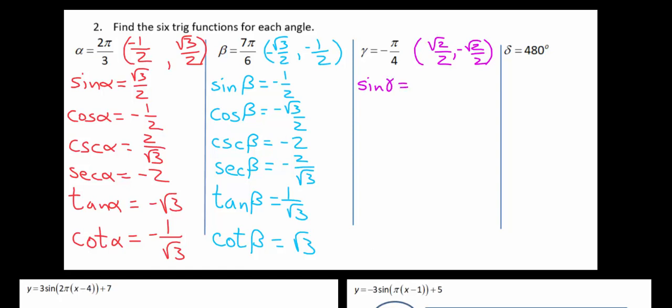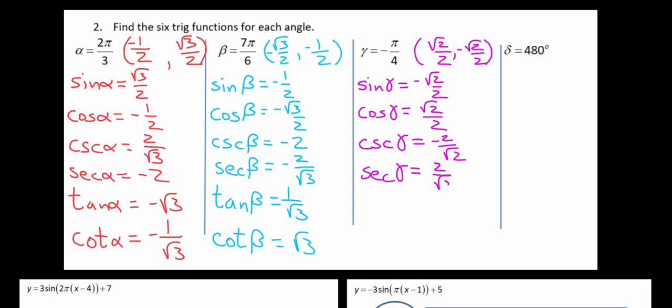Sine is equal to negative square root of 2 over 2. Cosine, square root of 2 over 2. And then cosecant is the reciprocal of it. So it's going to be negative 2 over the square root of 2. Secant, 2 over the square root of 2.